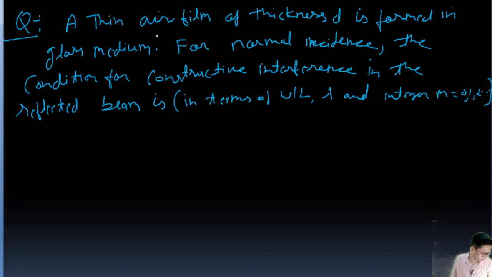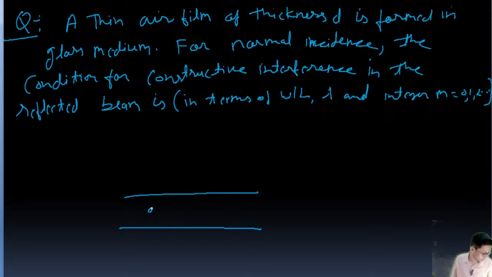A very good question. A thin air film of thickness d is formed in a glass medium. For normal incidence, the condition for constructive interference, for bright fringes, in the reflected beam is in terms of wavelength lambda and integer m. So this is going to be like this.